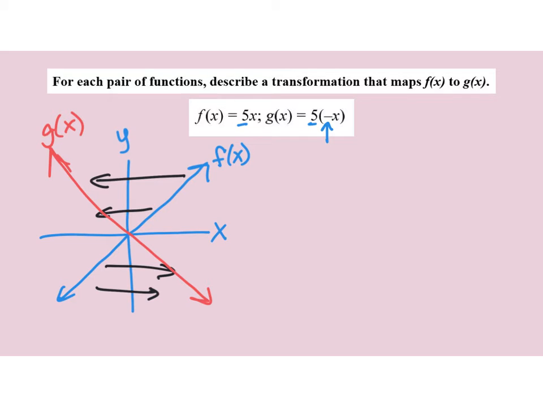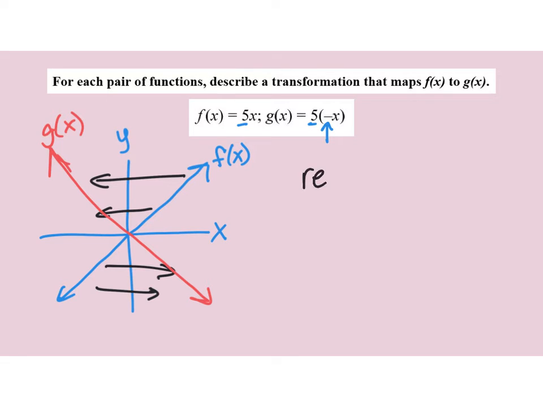So it's like it is a reflection, but we have to know which axis it's reflecting over. So which axis is it flipping over? If this is the axis, which axis is that flipping over? It's flipping over the y-axis. Very good.